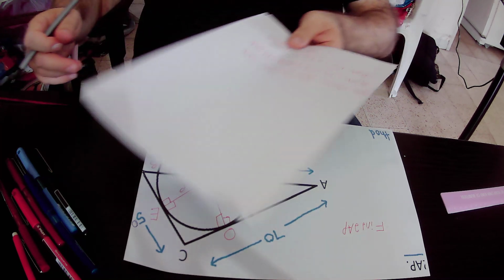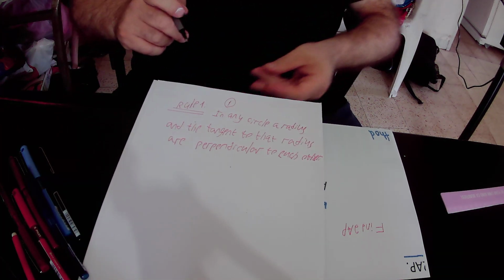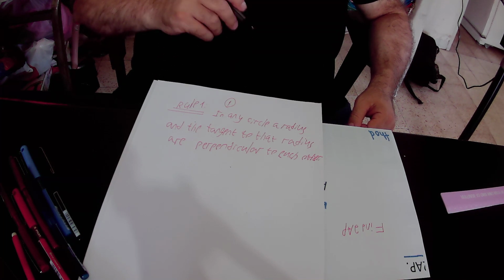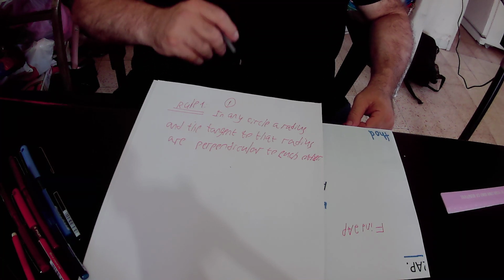Okay, I will read it again. In any circle, a radius and the tangent to that radius are perpendicular to each other.